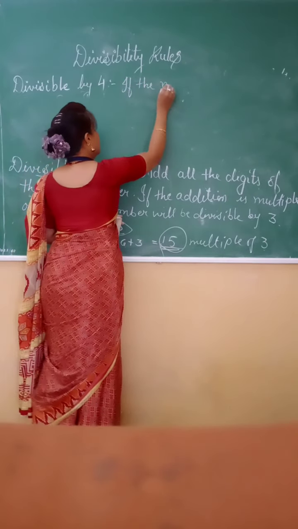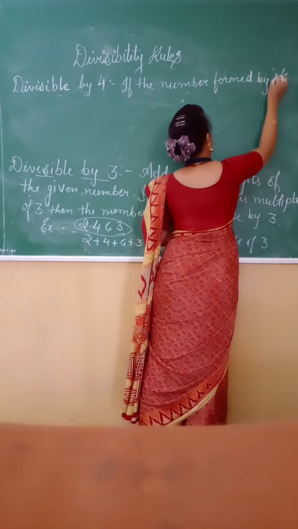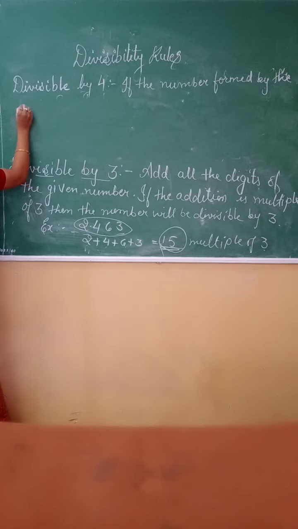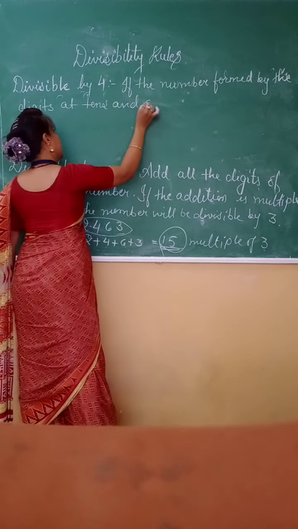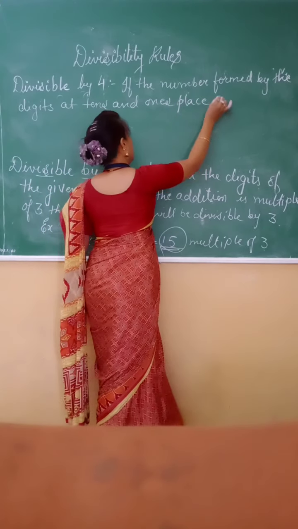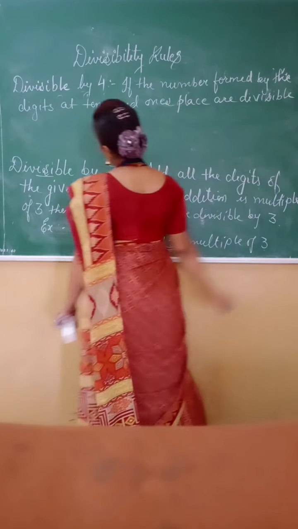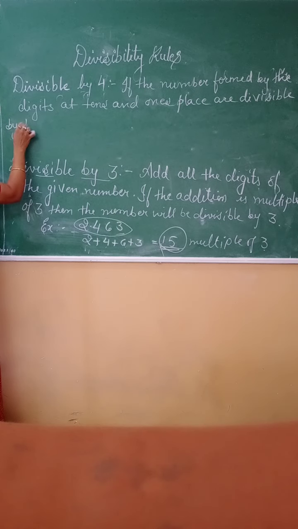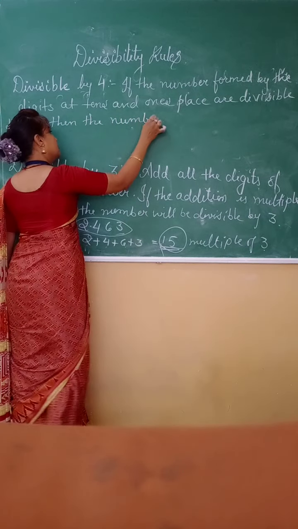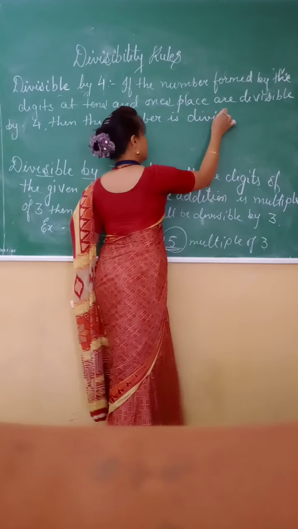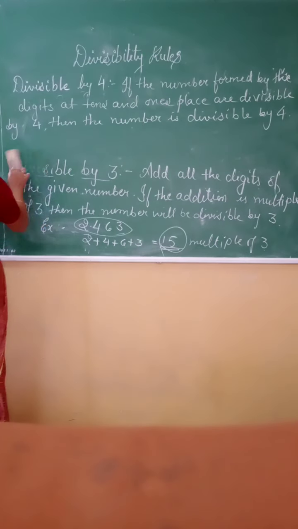If the number formed by the digits at tens and ones place is divisible by 4, then the number is divisible by 4.